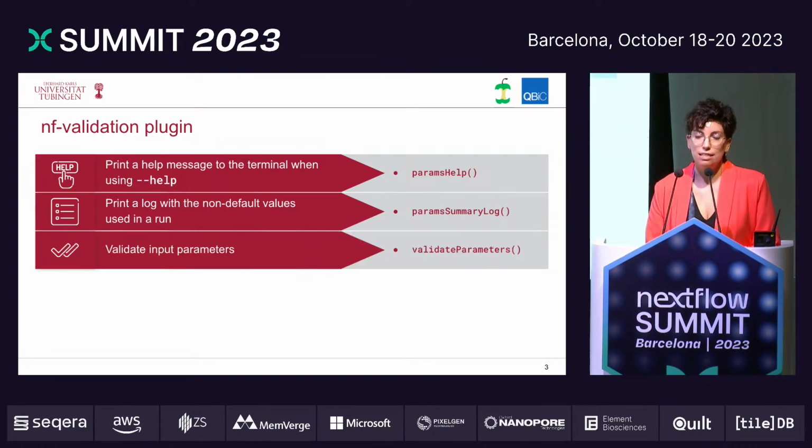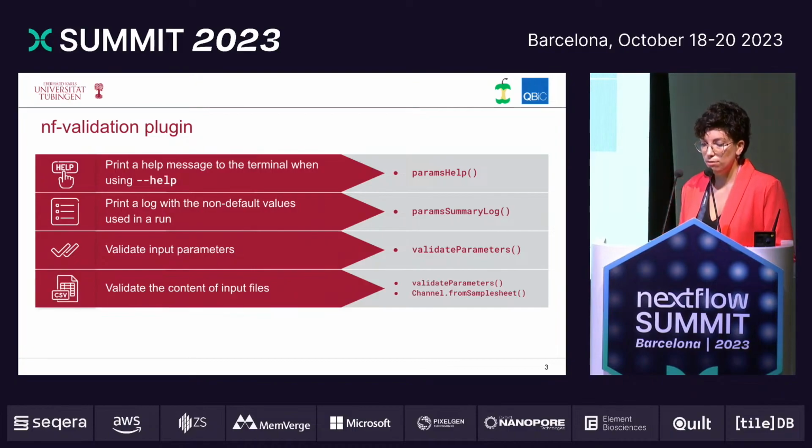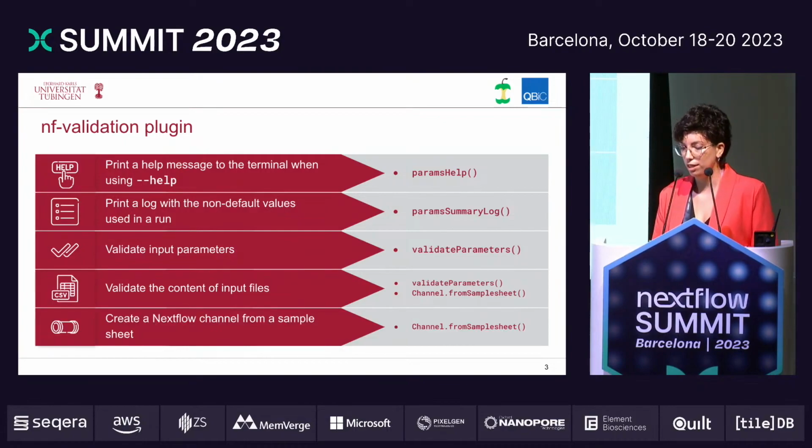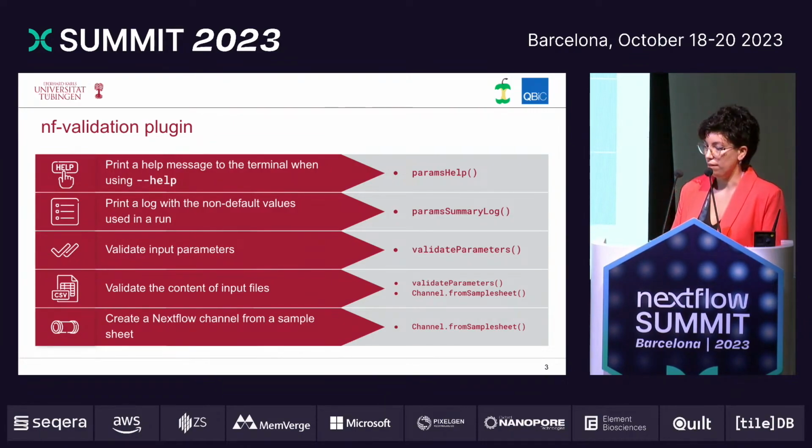To actually validate these parameters, we have validateParameters. And then we can also validate the content of input files, such as sample sheets, automatically with validateParameters or fromSamplesheet, which is our last function. This one can also be used to create Nextflow channels from the contents of these files.